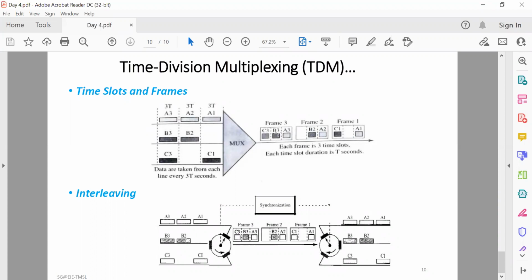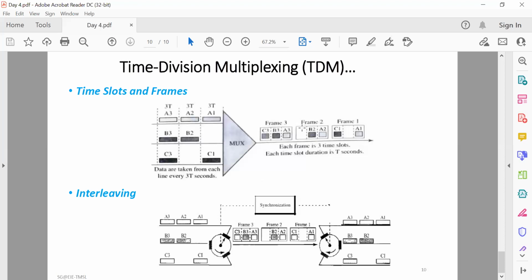We present here the data prior to multiplexing as 3 times the size of the data after multiplexing, just to convey the idea that each unit is 3 times longer in duration before multiplexing than after. Time slots are grouped into frames.